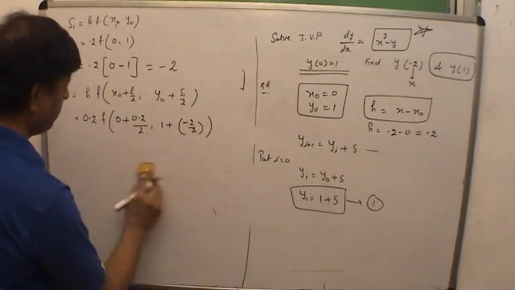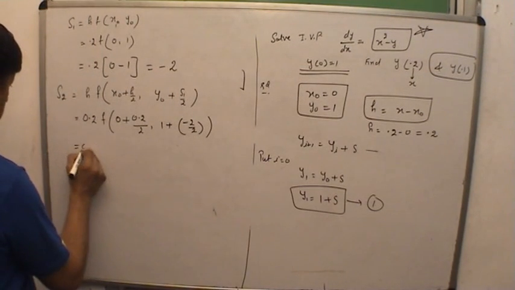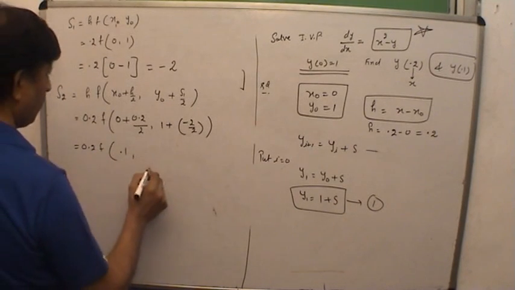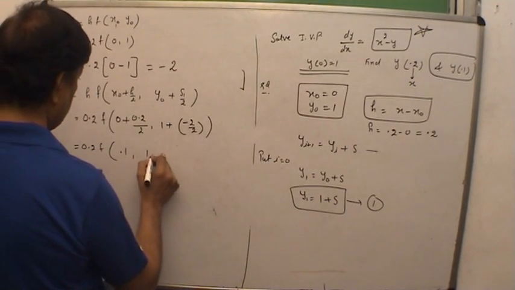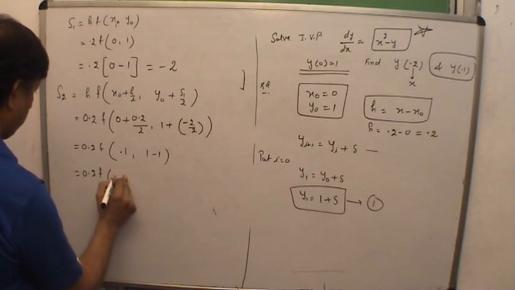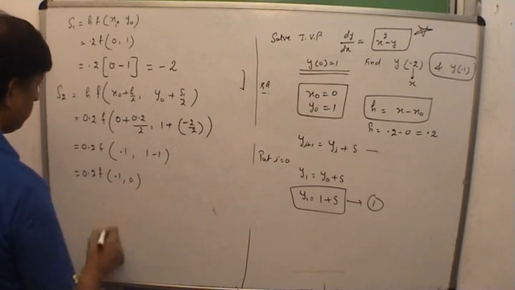We can calculate it. That is 0.2 into f of (0.1, 1 minus 0.1), that is equal to 0.2 into f of (0.1, 0.9).